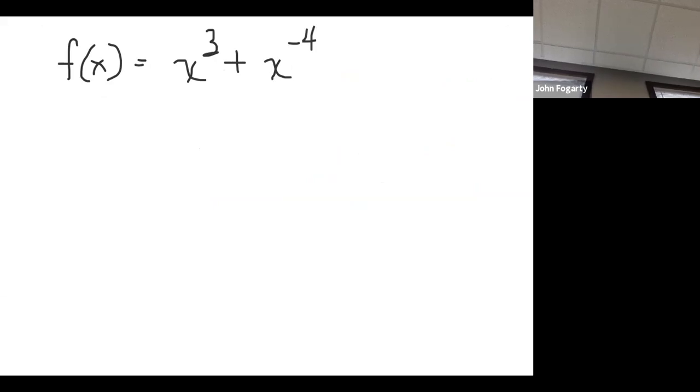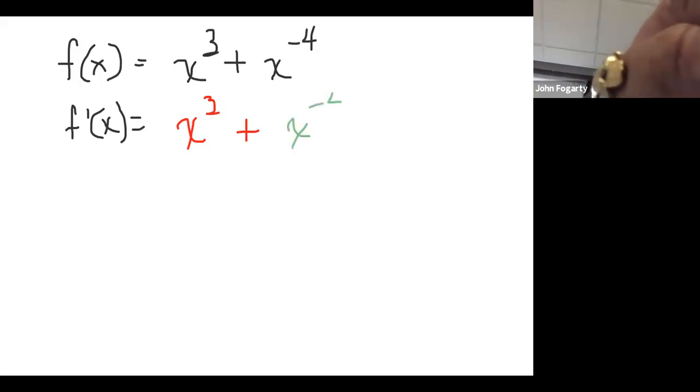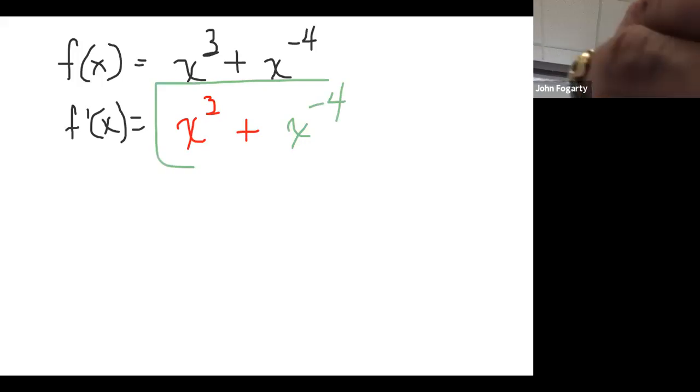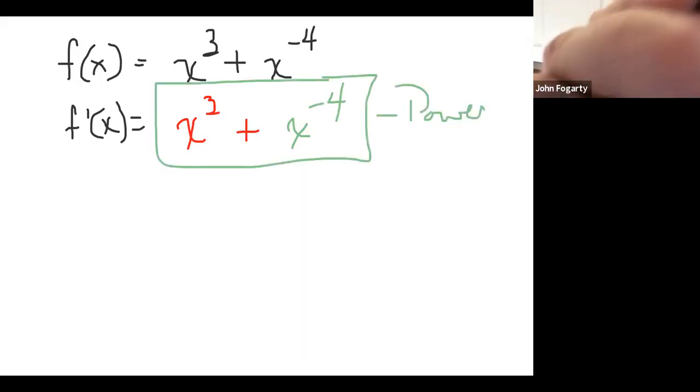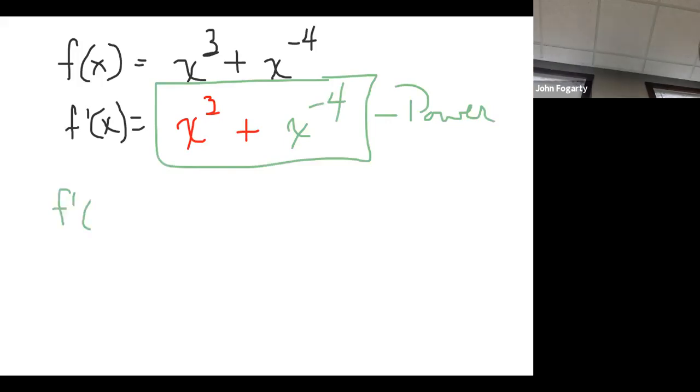Well, according to what I just told you, f prime of x would simply be find the derivative of x to the third, and then add to it the derivative of x to the negative 4th. So for both of these, you're just going to use the power rule.